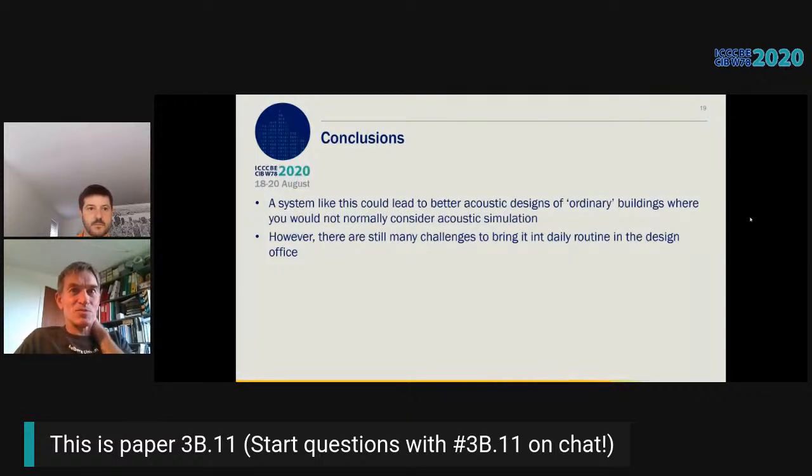So it needs to be streamlined a little bit more, because there are many challenges to handle the correct sound sources and combine them with the BIM models in the setup, and bring this forward to the dialogue with the customer in the end.